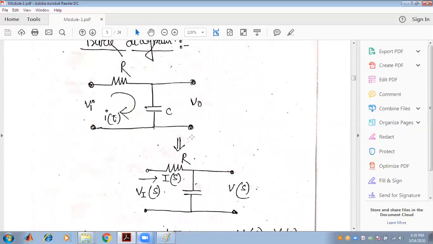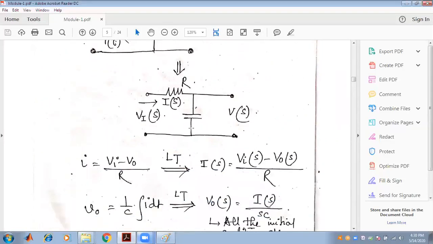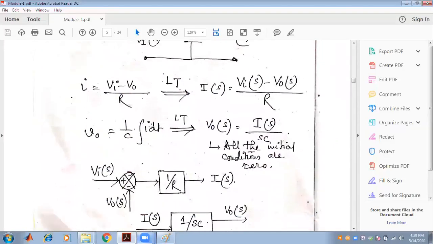It is the output versus the input in the Laplace domain, and how we can construct the entire block diagram, meaning from the time domain how we can shift the block diagram into the Laplace domain, where R will remain the same, but the input Vi becomes Vis, the output becomes V0S, the current becomes Is, and the capacitor becomes 1 by SC.